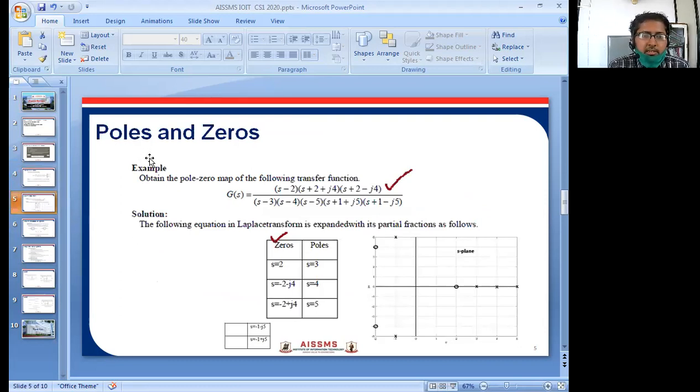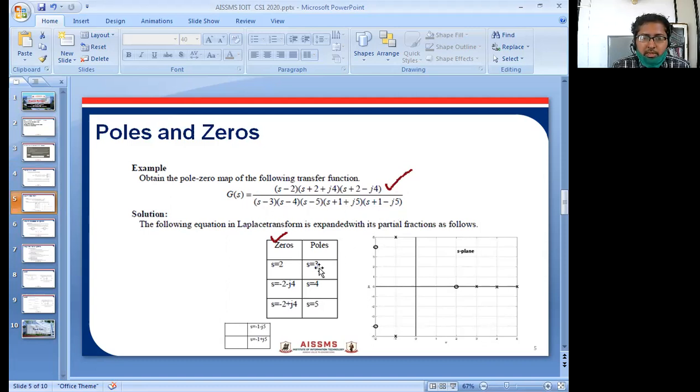Particularly, here we are considering one example, a pole-zero map. Here G of s is equal to (s minus 2)(s plus 2 plus j4)(s plus 2 minus j4), divided by (s minus 3)(s minus 4)(s minus 5)(s plus 1 plus j5)(s plus 1 minus j5). Looking at this, the denominator values are the poles.